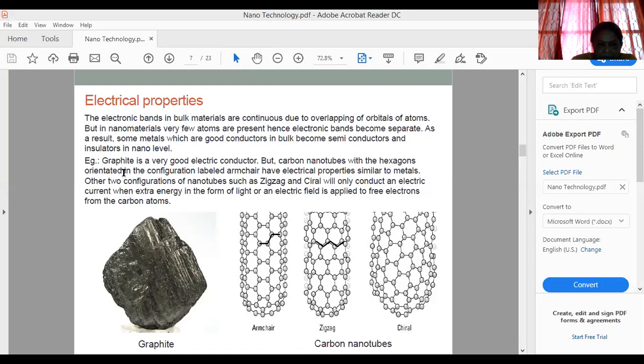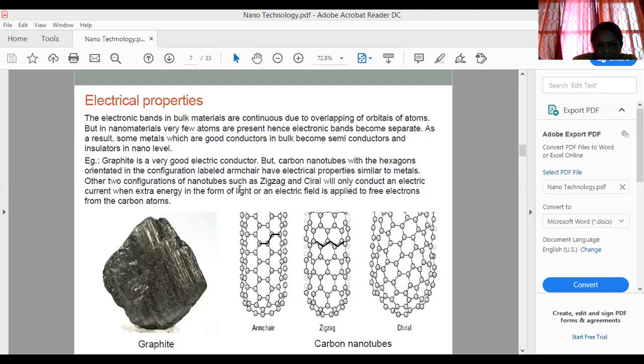For example, graphite is a very good electrical conductor, but carbon nanotubes with the hexagons oriented in the configuration labeled armchair have electrical properties similar to metals.